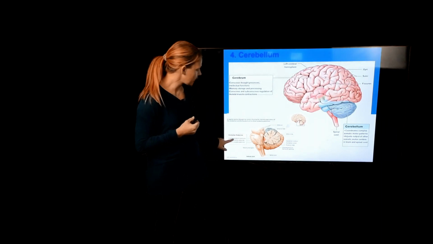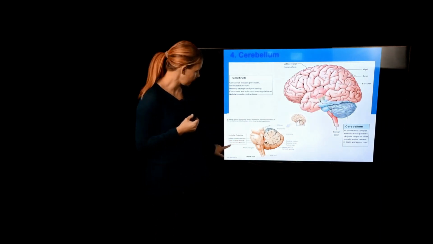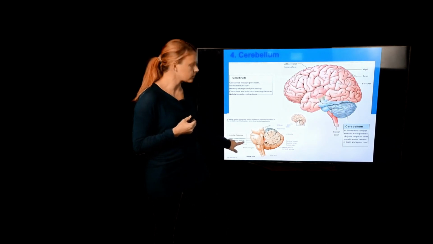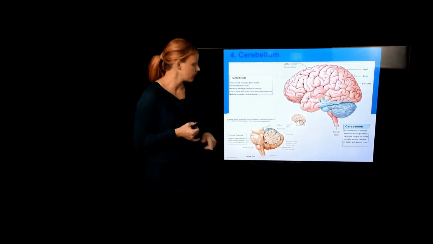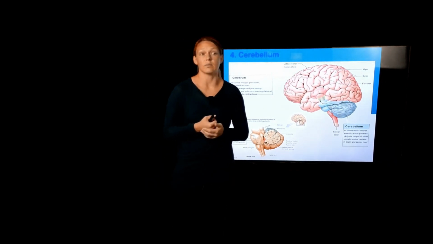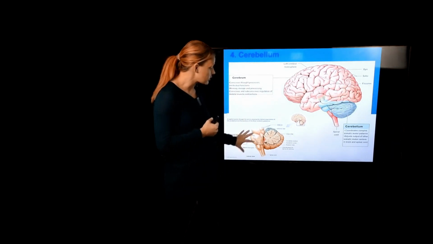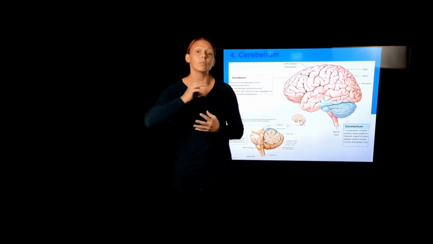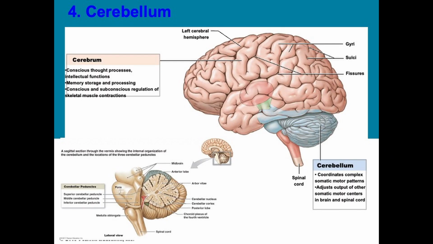The superior cerebellar peduncle connects the cerebellum to the midbrain. The middle cerebellar peduncle connects the pons to the cerebellum, and the inferior cerebellar peduncle connects the medulla to the cerebellum. Again, these tracts are really important to allow that communication between the cerebellum and the brainstem.